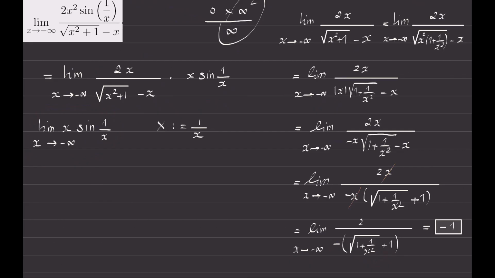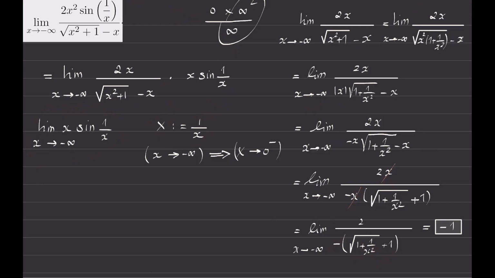So the first thing I want to know is what happens to capital X as little x approaches minus infinity. If little x approaches minus infinity, this implies that capital X goes to, roughly speaking, 1 over minus infinity, so it becomes infinitesimal. In other words, capital X goes to 0, but to be more specific, it goes to 0 from the left-hand side, yes?